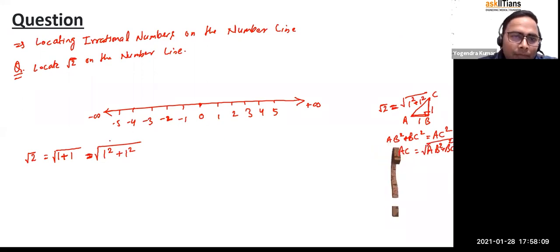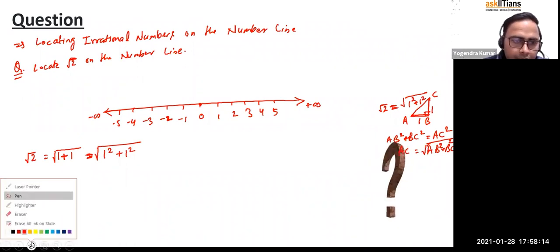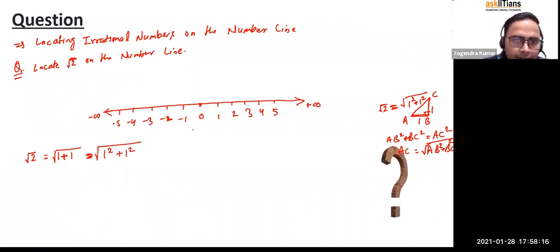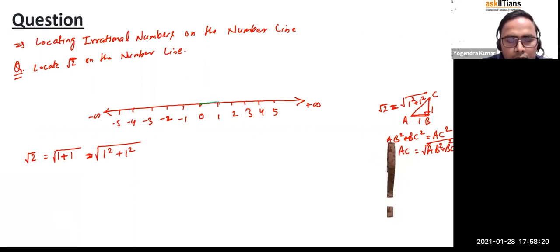Now you have to pay attention to this. If I go from this 0, 1 unit this side, this is my point. You can mark the 0 point as o also.